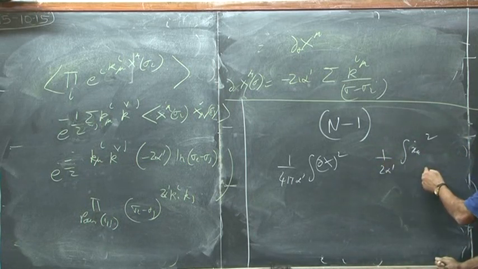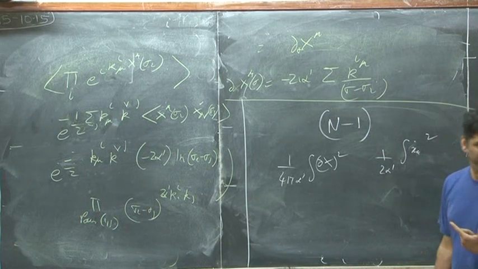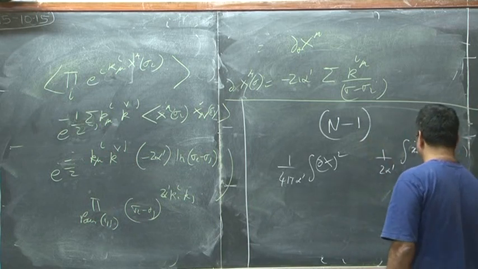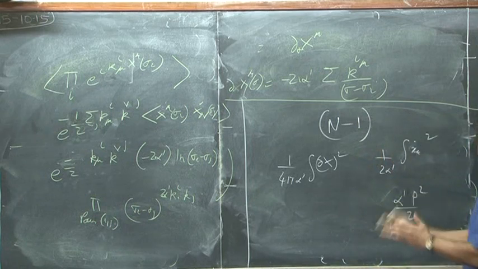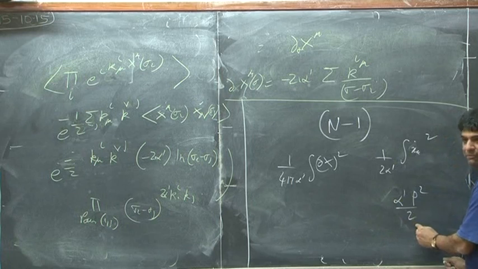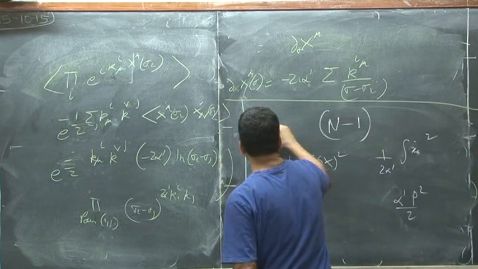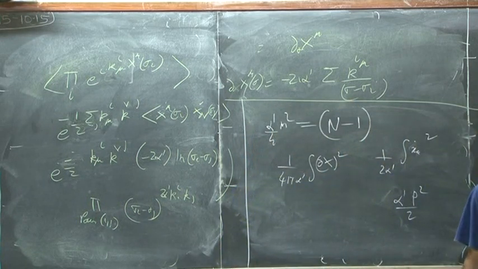And this is now the Hamiltonian of non-relativistic quantum mechanics with an effective mass 1 by alpha prime. So we get p squared by 2m, so we got alpha prime p squared by 2. And then we broke that up, half went for the left movers, half for the right movers. So alpha prime p squared by 4 came for the left movers. And so we got alpha prime by 4 m squared is equal to this. This was our mass shell condition for closed strings.